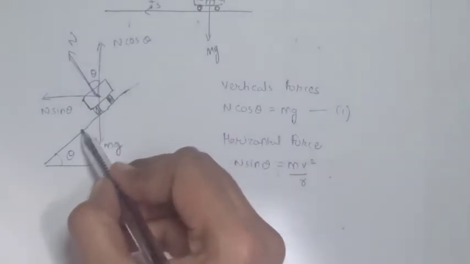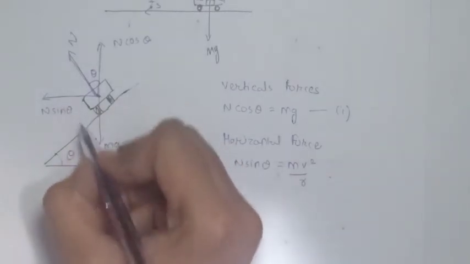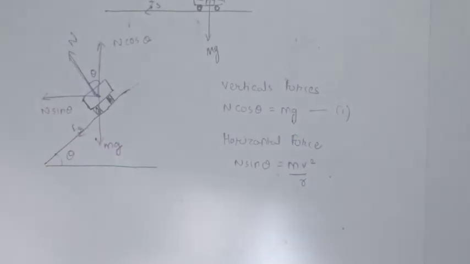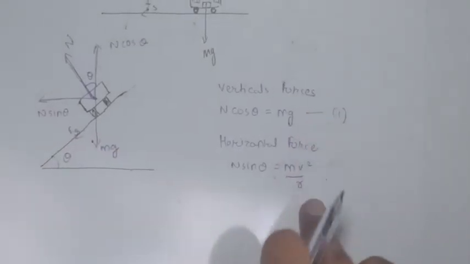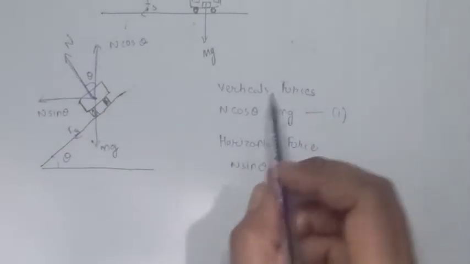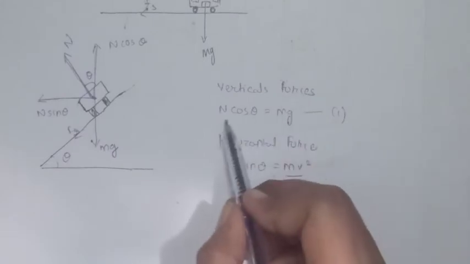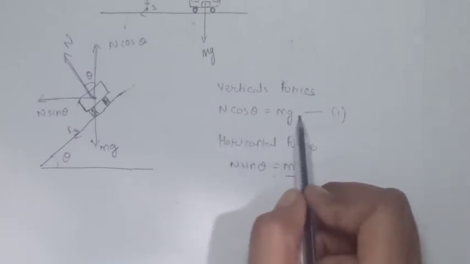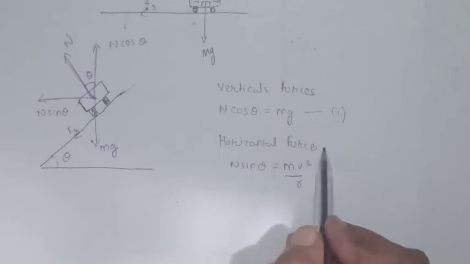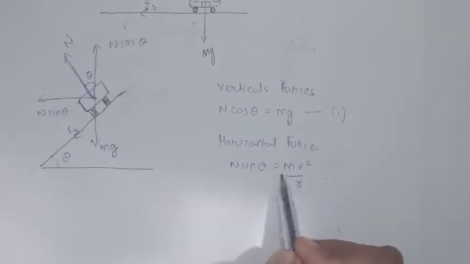So these are all the forces acting on this vehicle. These are the vertical forces, N cos theta equals mg, and these are the horizontal forces, N sin theta equals mv squared by r.